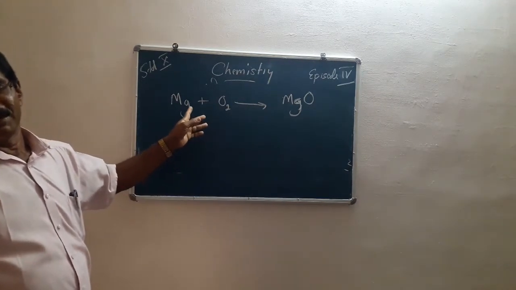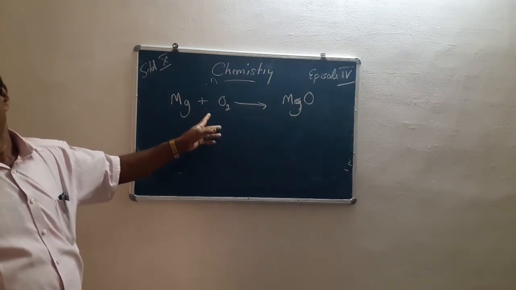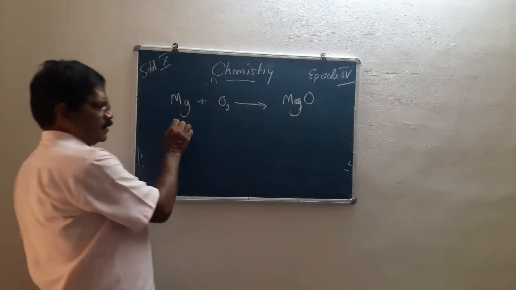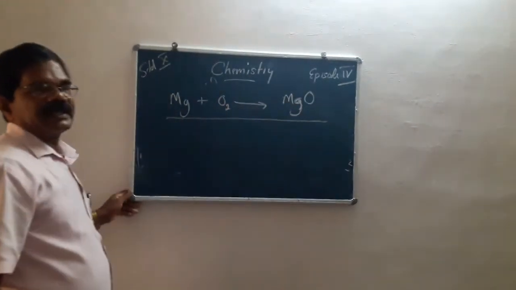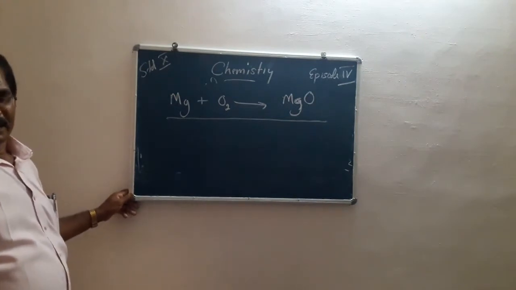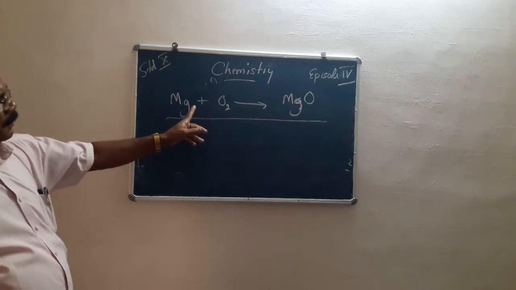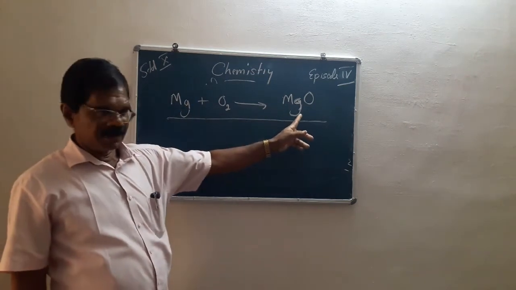When magnesium ribbon is burnt, what can you see? What is your observation and what is the product formed? In this equation, we can find all the answers for this chapter.